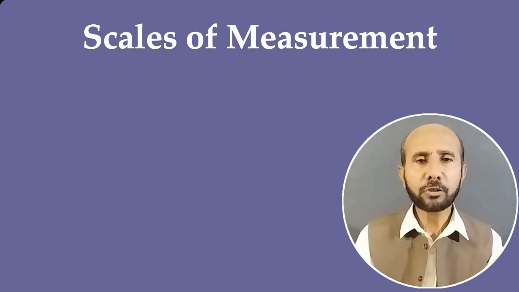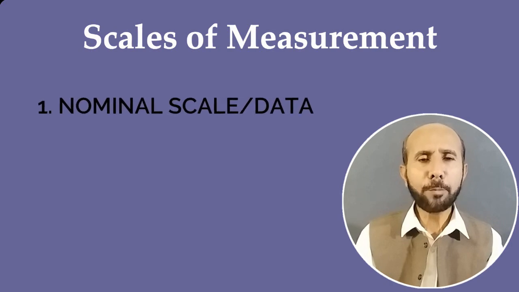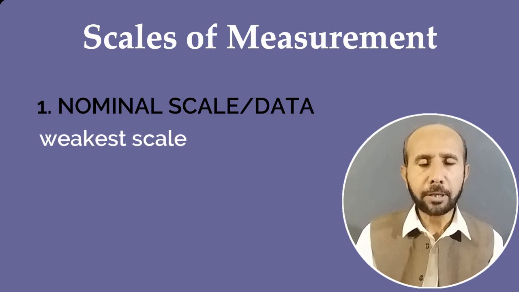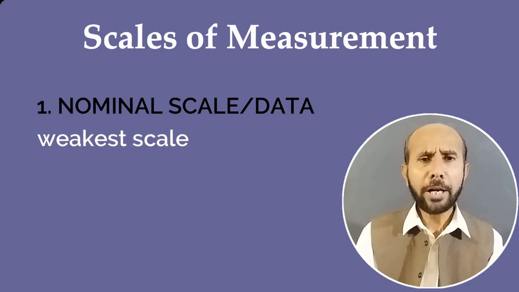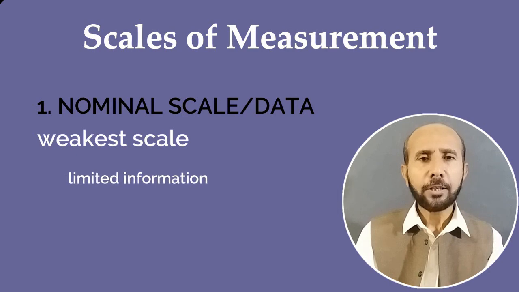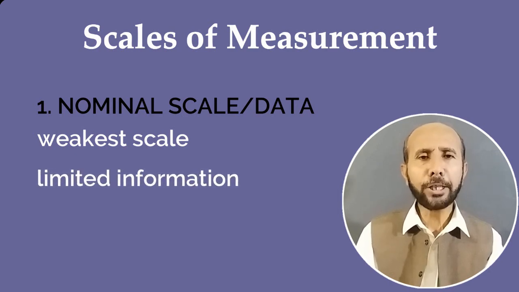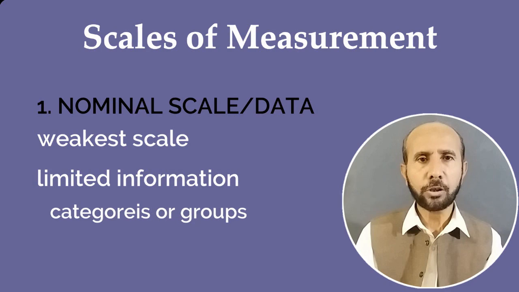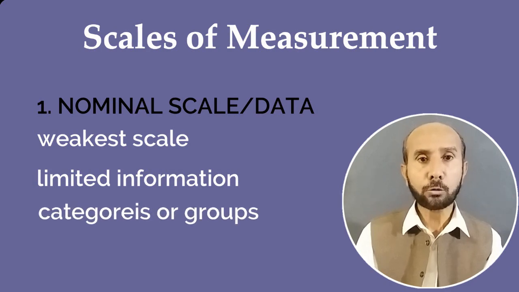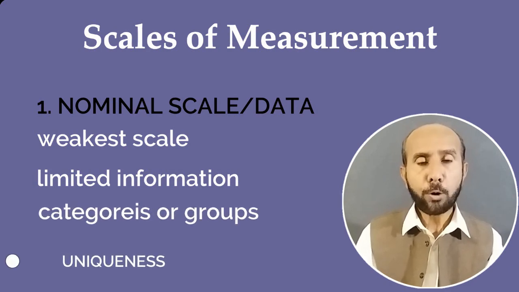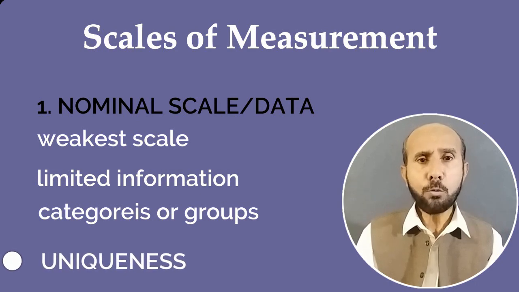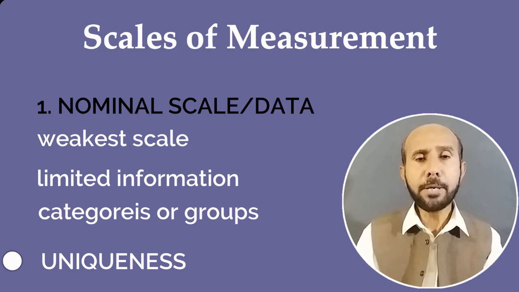Number one, nominal scale. Nominal scale or the nominal data is the weakest of the four types of scale available. The reason is it provides very limited information. This scale helps in creating distinct categories which are unique in nature. So uniqueness is the important point to remember. The rule that applies here is that each number, or you can say a particular number, means a distinct thing.